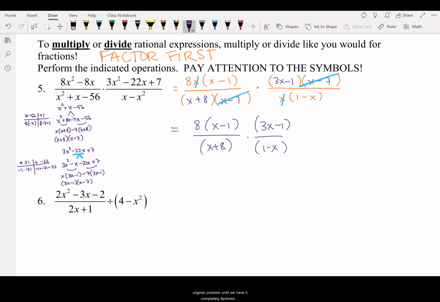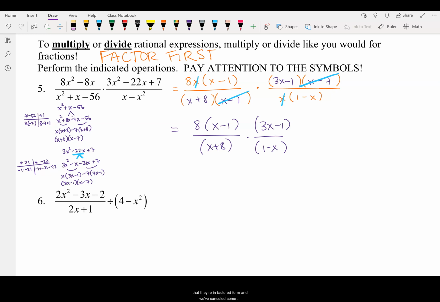We have to cancel factors, not terms. We are not allowed to cancel anything up here in our original problem until we have it completely factored, and then we can cancel. Division and multiplication are complementary operations, but division and subtraction or division and addition are not. So we have to make sure we get them into factored form.